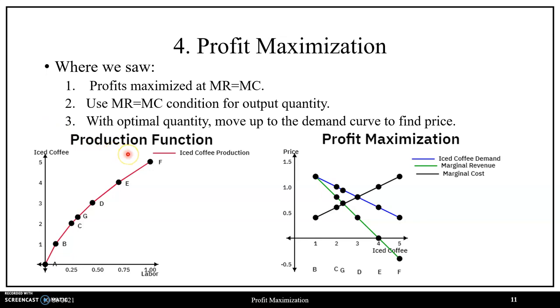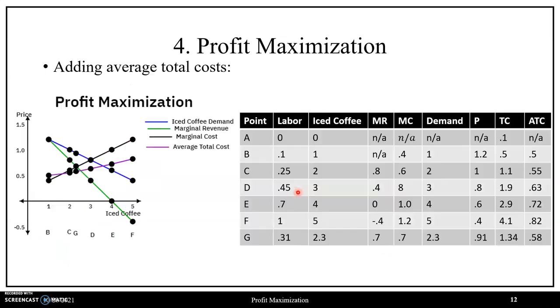We're looking at this bundle then, looking at a production function. This entails going to point G, producing 2.3 units of iced coffee using 31% of our labor force. We're going to our profit maximization process. 2.3 units of iced coffee corresponds to when marginal revenue is equal to marginal cost, where our price point on the demand curve corresponds to 92 cents.